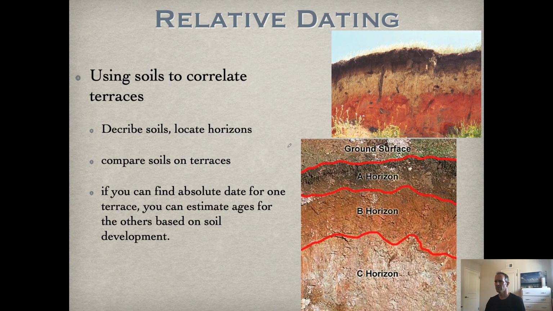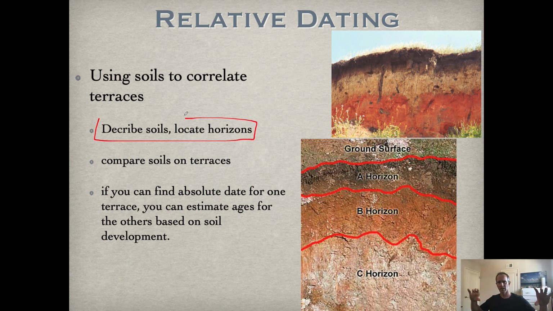So as I mentioned before, one really cool thing about soils is they can be used as a form of relative dating. So for example, if I have several different fluvial terraces in a mountain range and different drainages, and I want to know if they are the same age or not, one way I can do that is I describe the soils on a terrace in one drainage and on a terrace in another drainage.